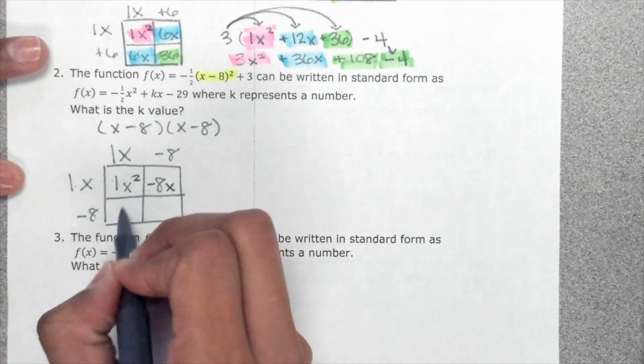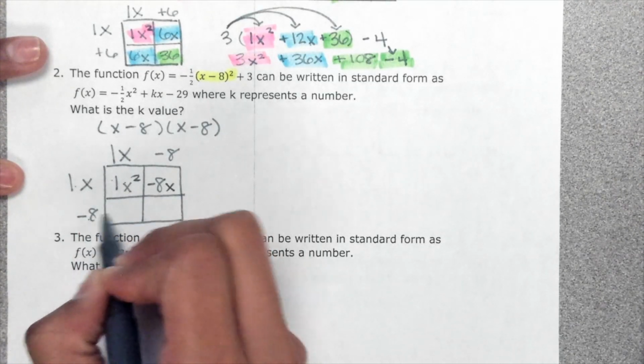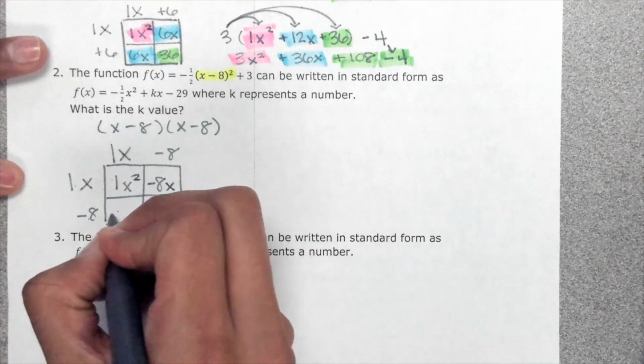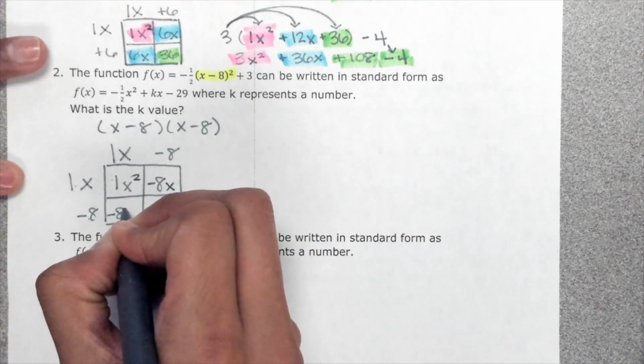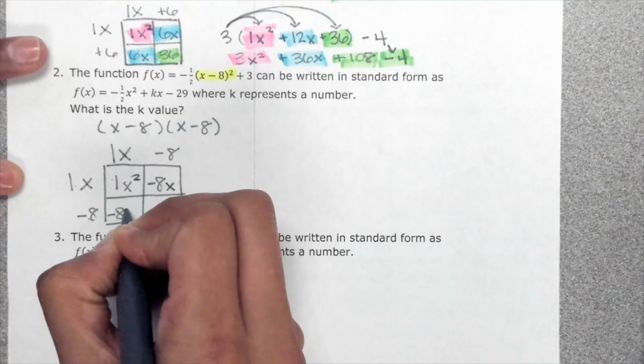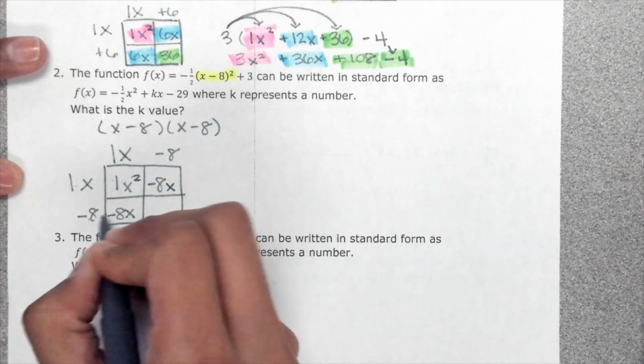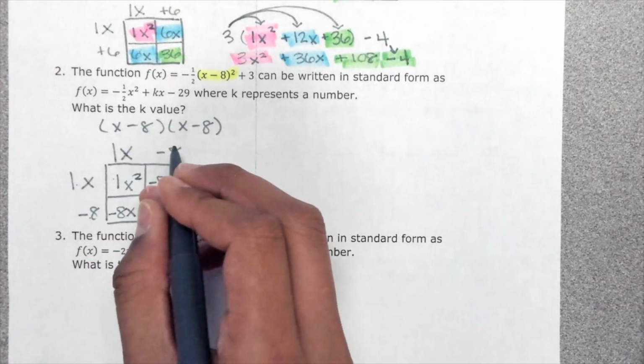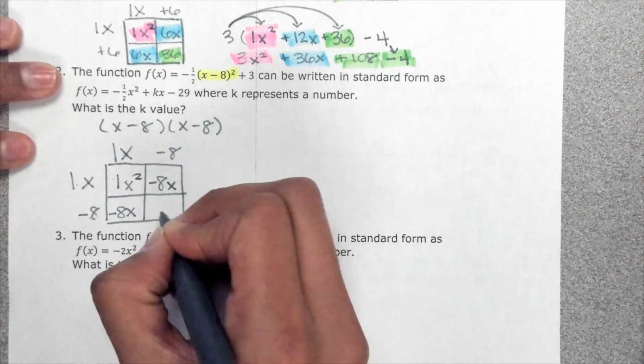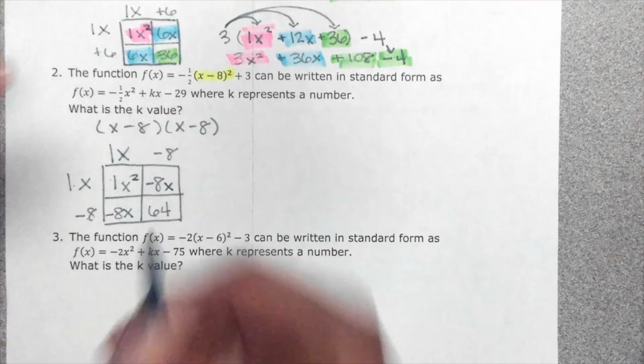Moving in an L shape down here, we have negative 8 times a positive 1, which is negative 8, and we have to bring that x with us. Last box, negative 8 times a negative 8 is going to give us a positive 64.